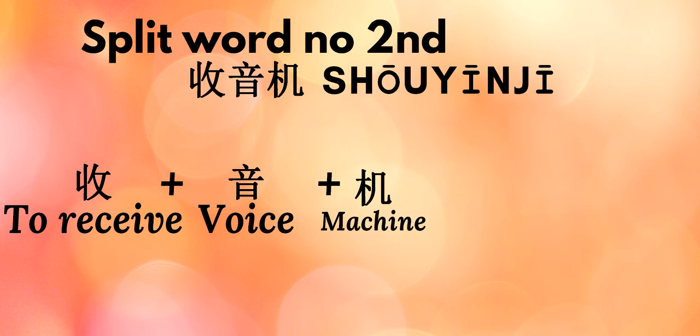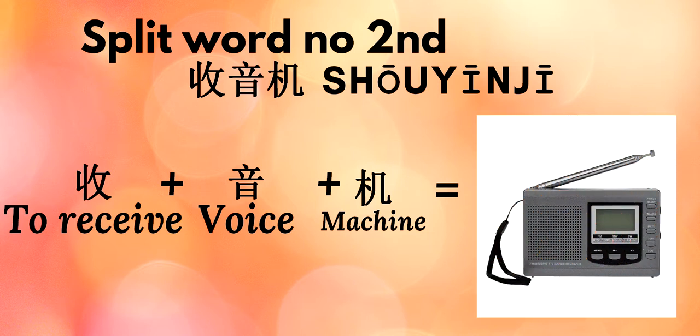What do you guess it could be? It is a radio. A radio is a machine which receives voice, and we listen to voice through it. So it is known as shōu yīn jī.